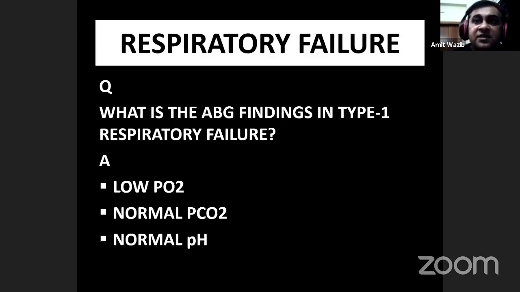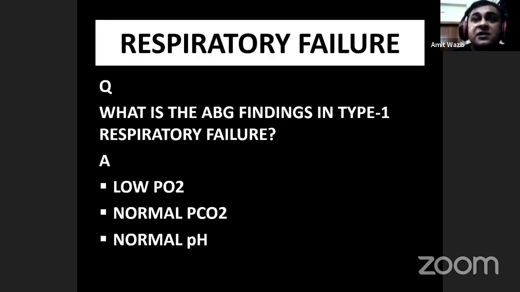In arterial blood gas, the partial pressure of oxygen is low, and the partial pressure of carbon dioxide will be normal. It means hypoxia without hypercapnia. And as there is no high carbon dioxide, there is no acidosis, so the pH of blood will be normal.